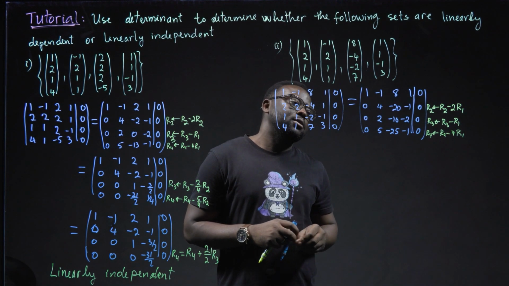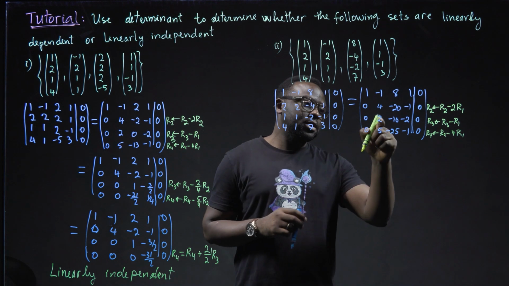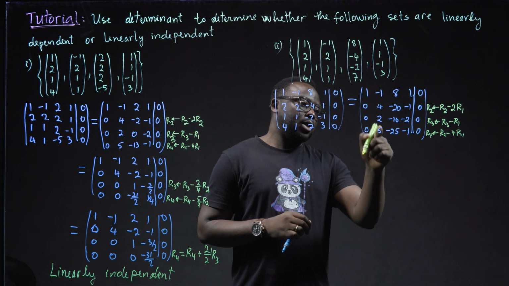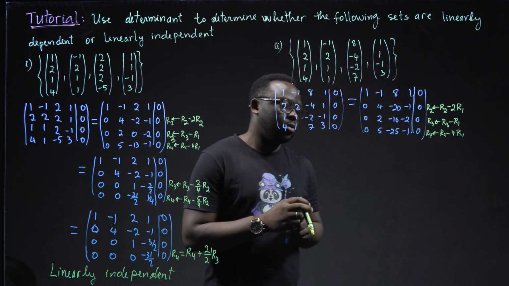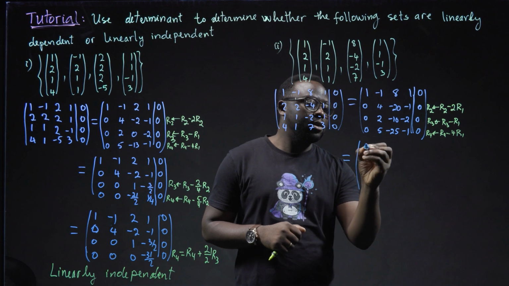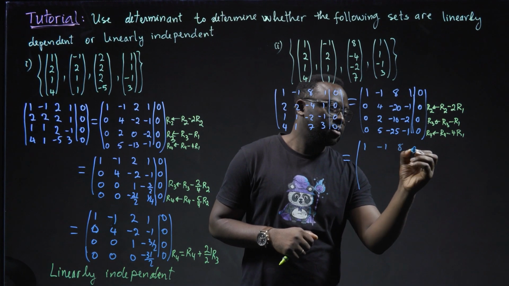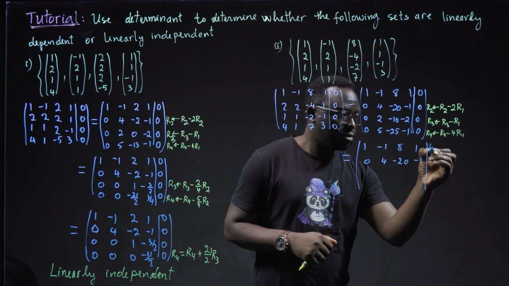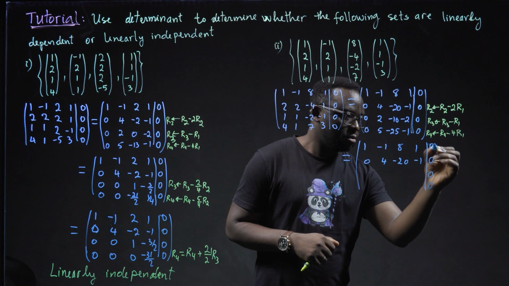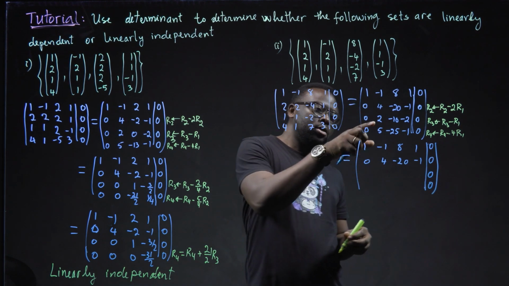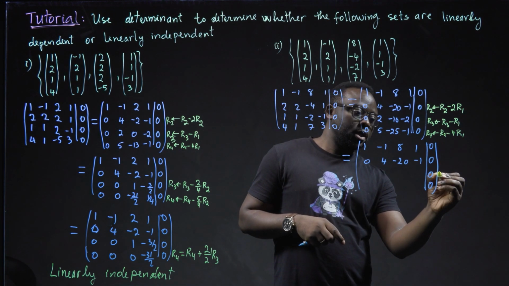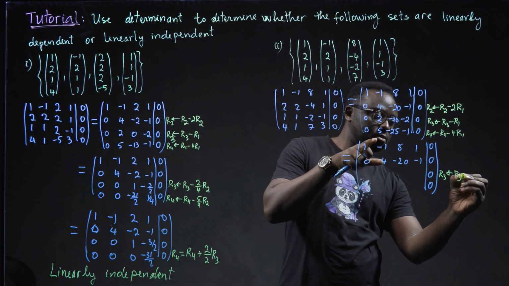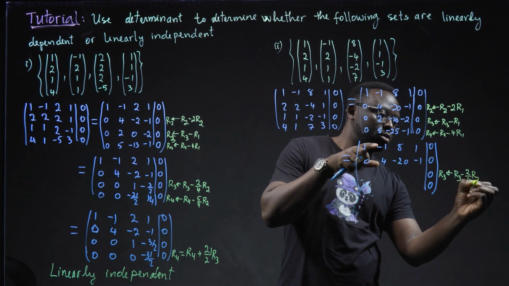The first column is sorted. We want to move to the second column now. We want these 2 non-diagonal elements to be 0. So I start with this one, and I have to fix the second row. So we copy the first row and the second row. And for the third row, since we want to get rid of this 2, I will say R3 will be R3 minus 2 over 4 R2, okay?